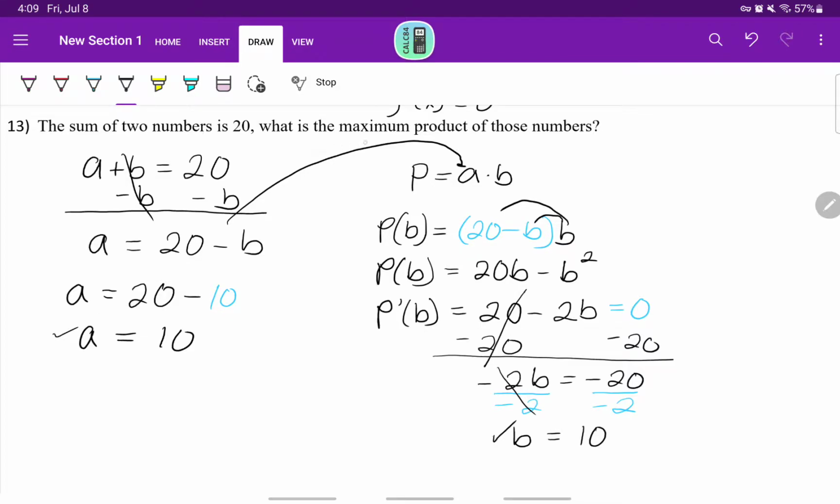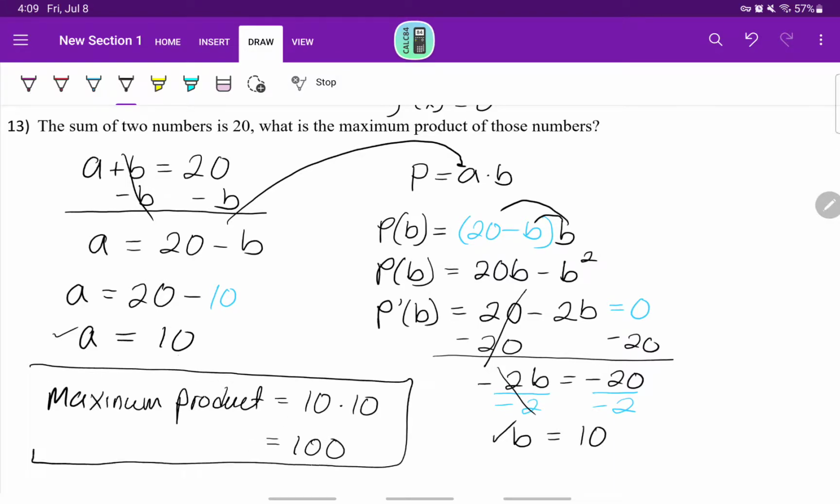Now it says, what is the maximum product of those numbers? The product equals A times B. So let's multiply our A and our B. The maximum product is going to be 100, because that is going to be 10 times 10, and 10 times 10 is 100.